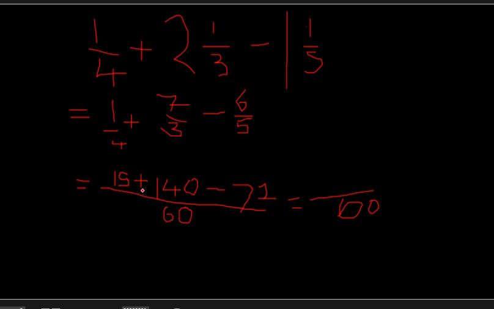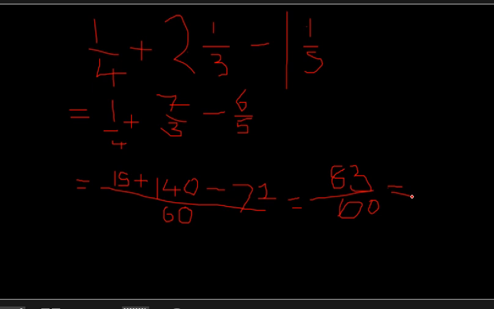Okay. 15 plus 140, you have 155. 155 minus 72, 83. You have 83 over 60. This is not complete, however.